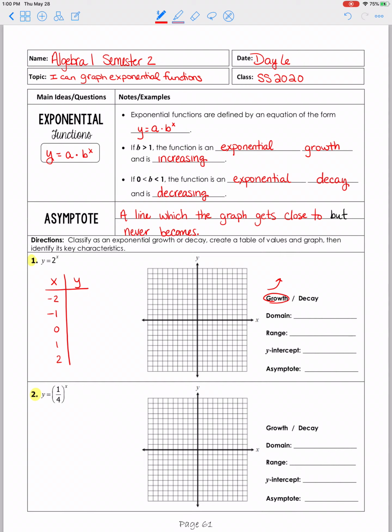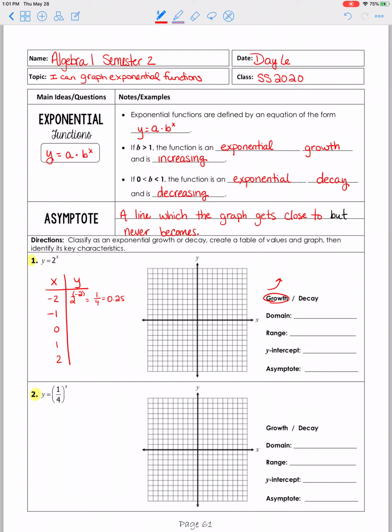To find our y value, we would take 2 to the -2nd power. Use your calculators to help you with this, absolutely. Make sure you use parentheses anytime you're putting a negative number in, so we don't have issues there. So 2 to the -2nd power is 1/4. Your calculator would give you 0.25.